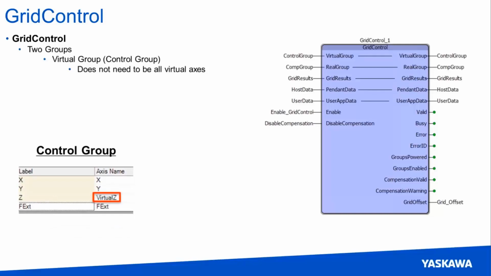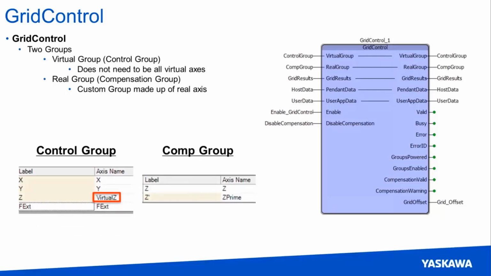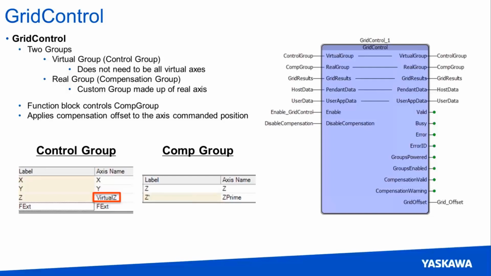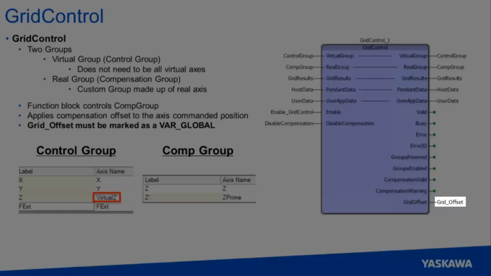We have our control group, compensation group, and we have the real axes along with one virtual axis in the control group. The compensation group has a Z and Z prime. Grid control controls the compensation group and applies the offset to the virtual axis command and position. And the biggest thing to take away from this slide is the output of grid control has grid offset and it must be marked as var global.